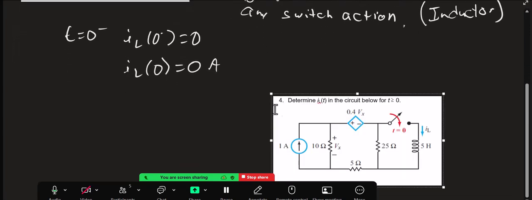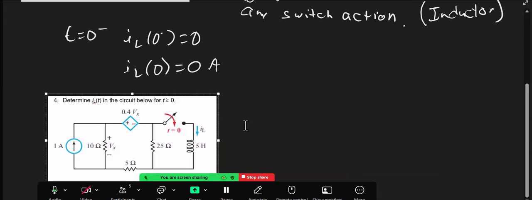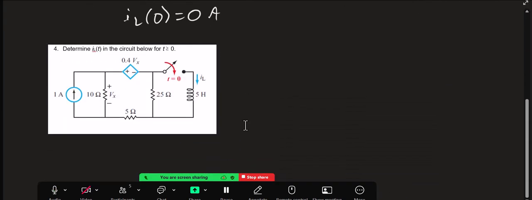Okay, so now let's go ahead and draw what the circuit looks like right after the switch.